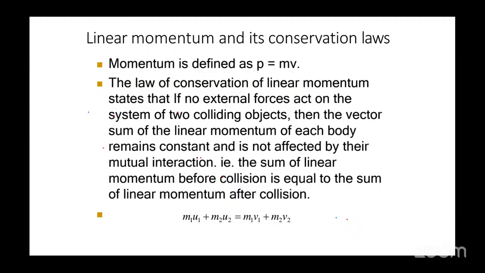If we have body A and body B moving in opposite directions, since they are in motion, body A will have its own momentum, which is the mass and the velocity of body A. Then body B will also have its own momentum, the product of the mass and velocity of body B. Both of them are moving at different speeds, and then they collide with one another. Now, after the collision, it is possible that the two objects will move in different directions.